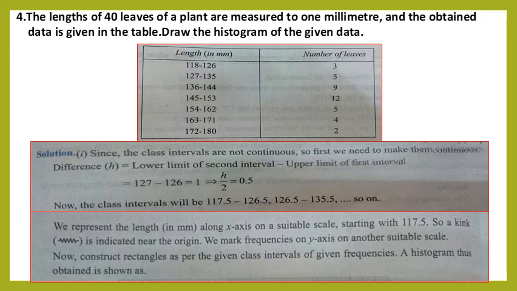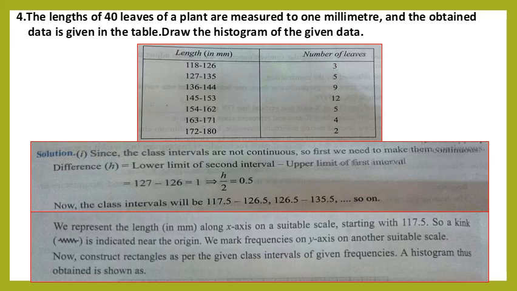The difference h is equal to lower limit of the second class interval minus upper limit of the first class interval. Here the lower limit of the second class interval is 127 and the upper limit of the first class interval is 126. So h is equal to 127 minus 126 is equal to 1.